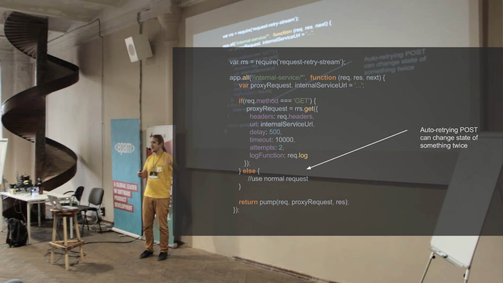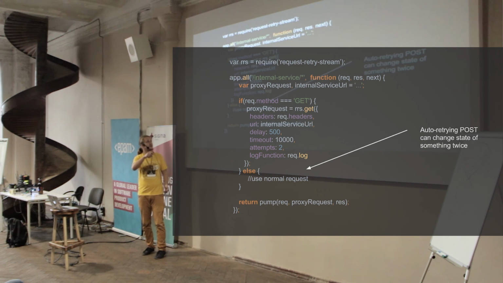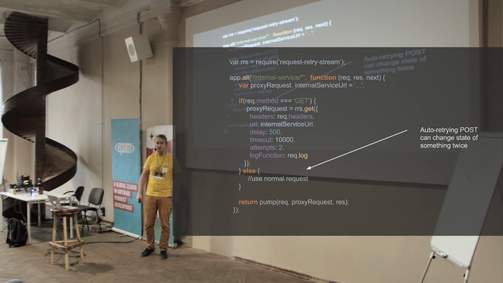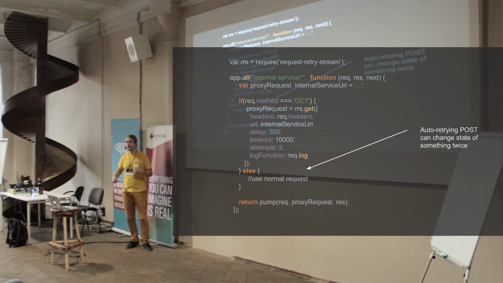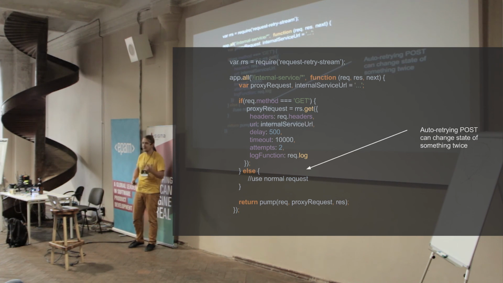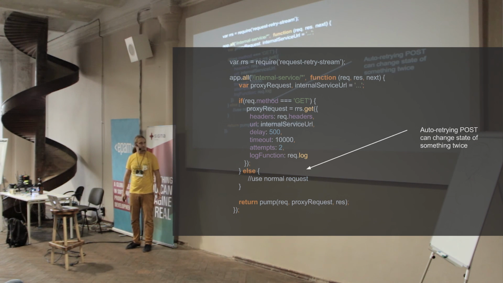Maybe you send some data and some internal service keeps processing this request for a long time, but you've got timeouts and you need to cut down your requests and retry again. So potentially retrying requests can do one thing multiple times, and this can harm your data. And even more, maybe it can cost you money.